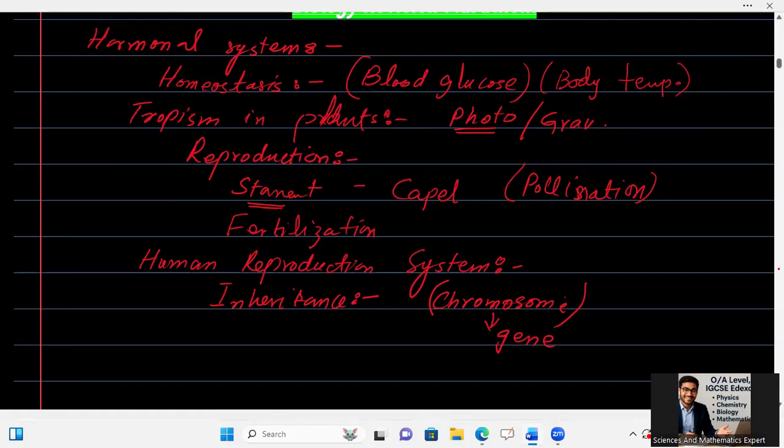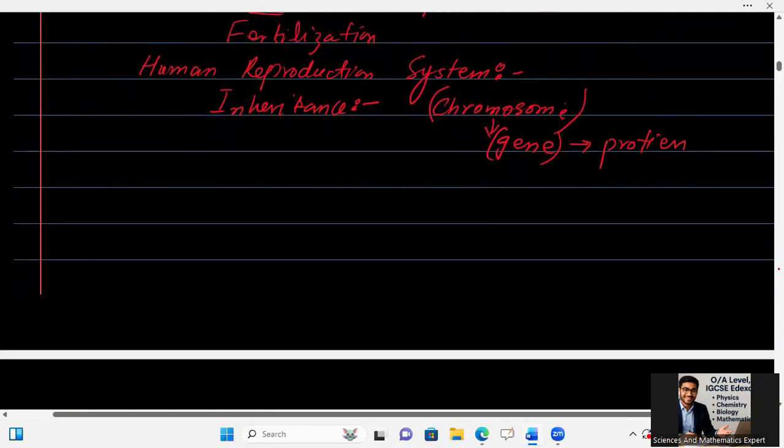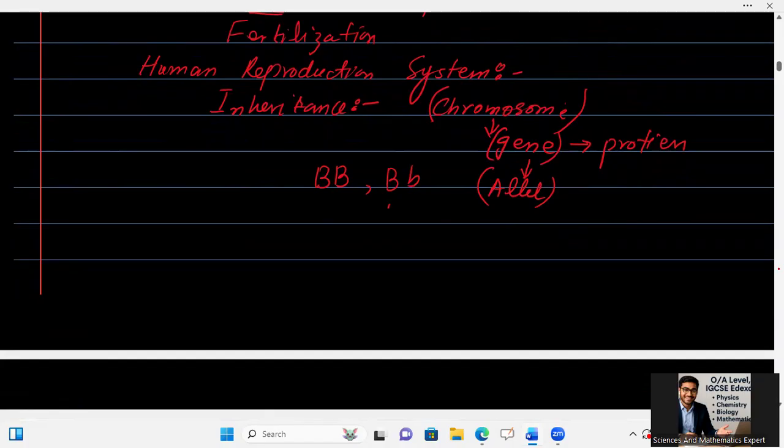A gene codes for a specific protein. And there is an allele, which is a different variant of the same gene. An allele for blue eyes and an allele for brown eyes are different variants of the same gene, and these are called alleles. The genotype is the genetic makeup of the alleles, like brown, blue, brown.